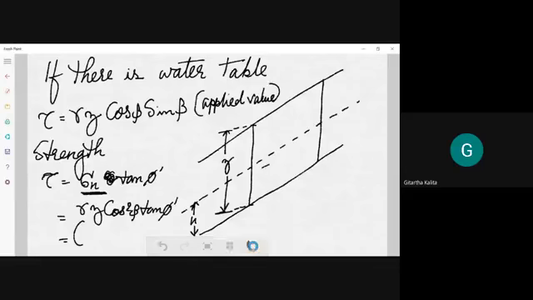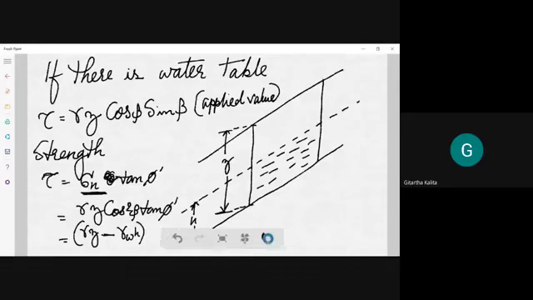But now this gamma z will not be just the one present. This water is there. So water will try to reduce it, and it will be reduced by gamma z minus unit weight of water into height of water. Earlier we used to take unit weight of soil into the depth of the soil.